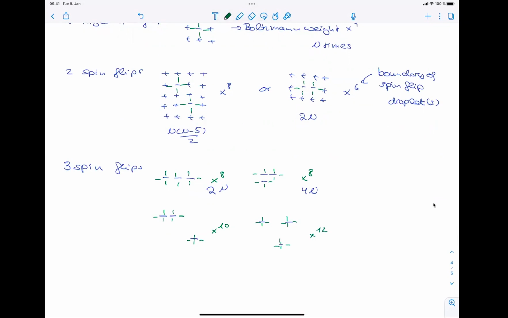And if I look at the permutations, then this is 2n and minus 8. And this is, oh gosh, n times (n squared minus 15n plus 62) over 6.